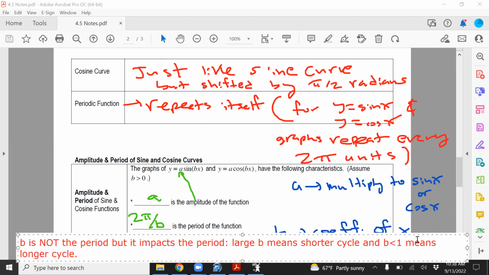Because if you make B a fraction like 1/2, now your period is 4 pi. That's longer. If your B is like 10, and 2 pi over 10 is pi over 5, that means the cycle is much shorter. It starts repeating more frequently. Short cycle means more frequent repetition. And small B means longer cycle, which means less frequent repetition.